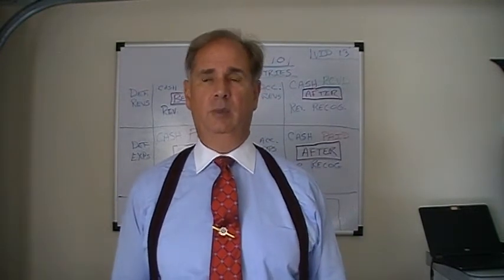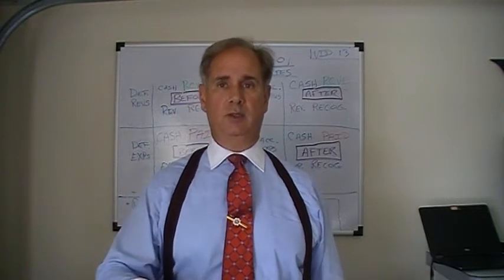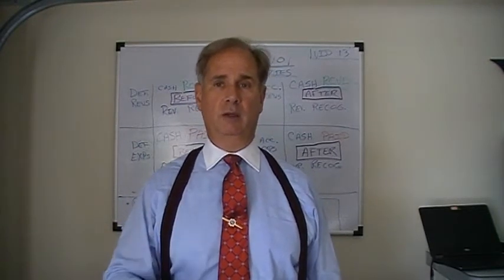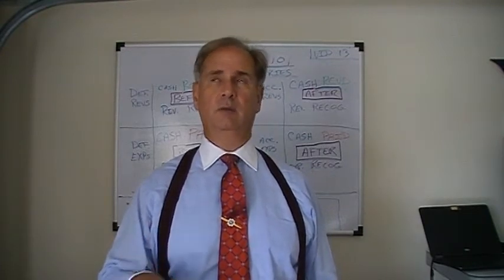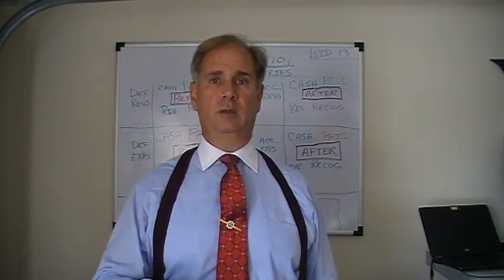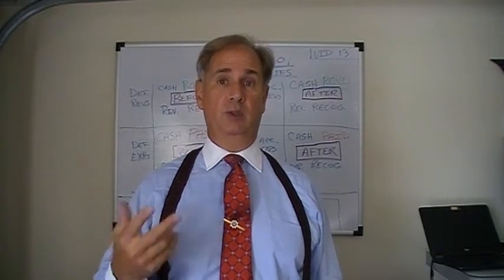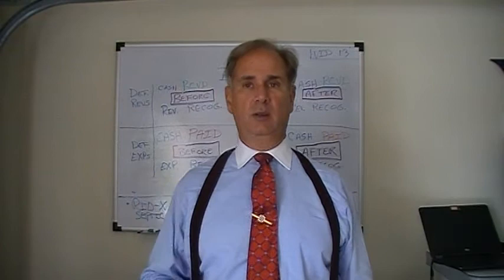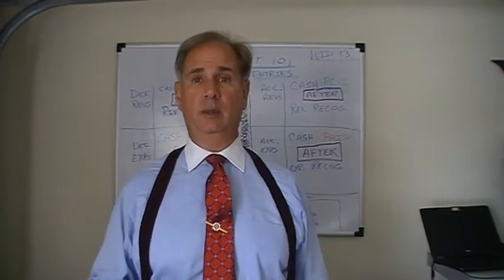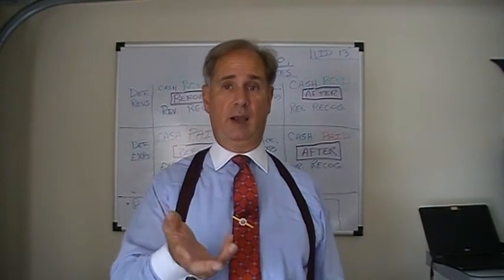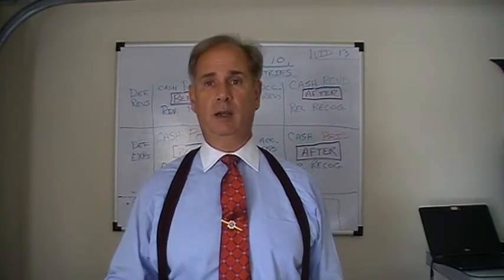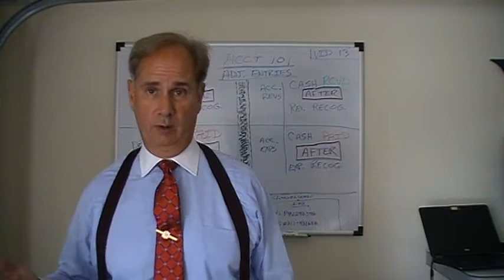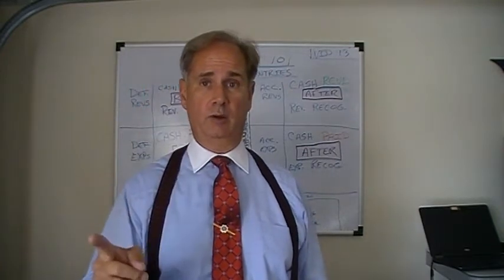No, I cannot, because I'm an accrual-based system and I have not met all four criteria for recognizing revenue, okay? Principally, I haven't done the work yet. But I still have to put that on my books. So I debit cash for $1,000, and I credit a liability account called unearned revenues.